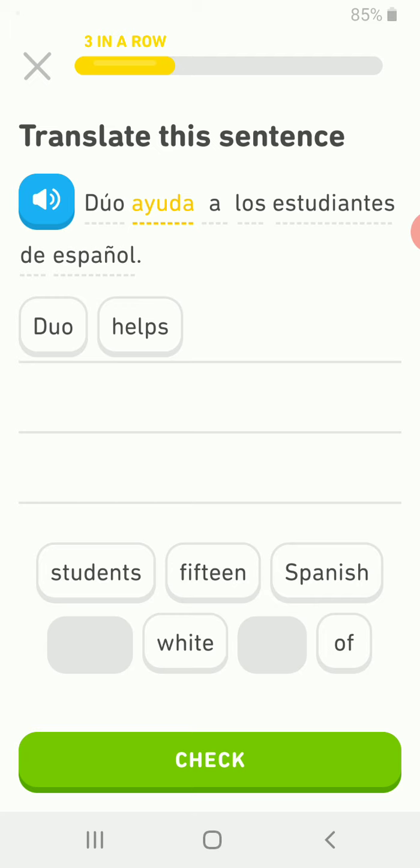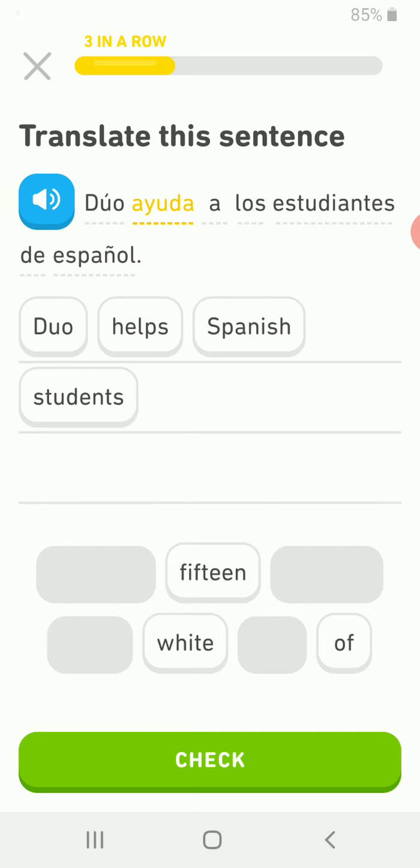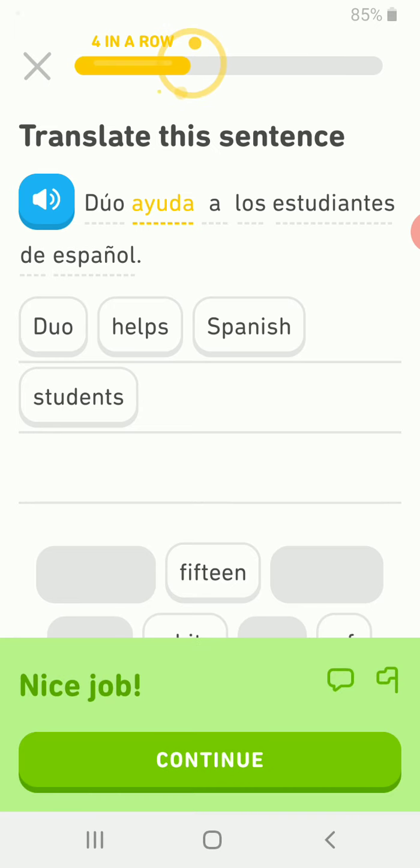Ayudar a los estudiantes. I would like to say dúo helps Spanish students just like this. I don't need "of", I don't need "why", I think that's as simple as that.